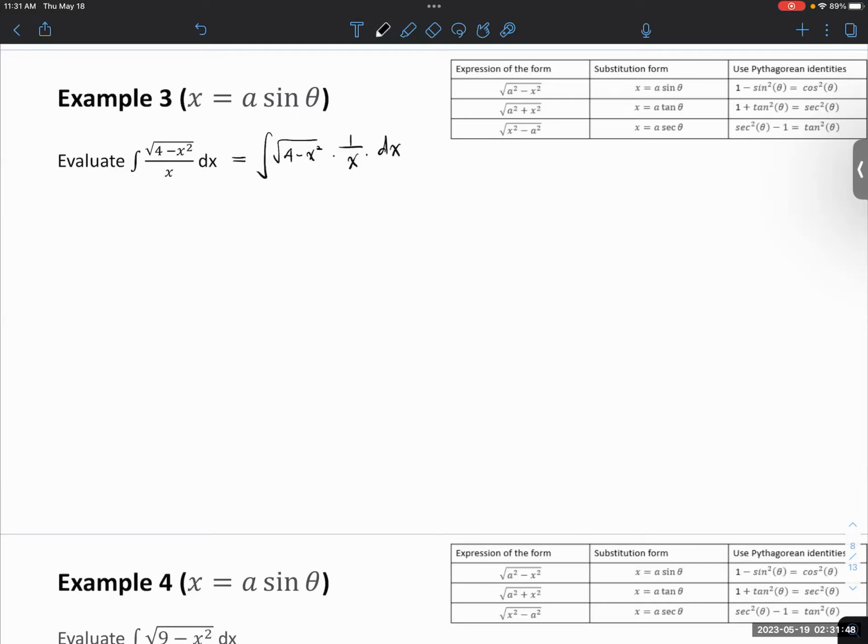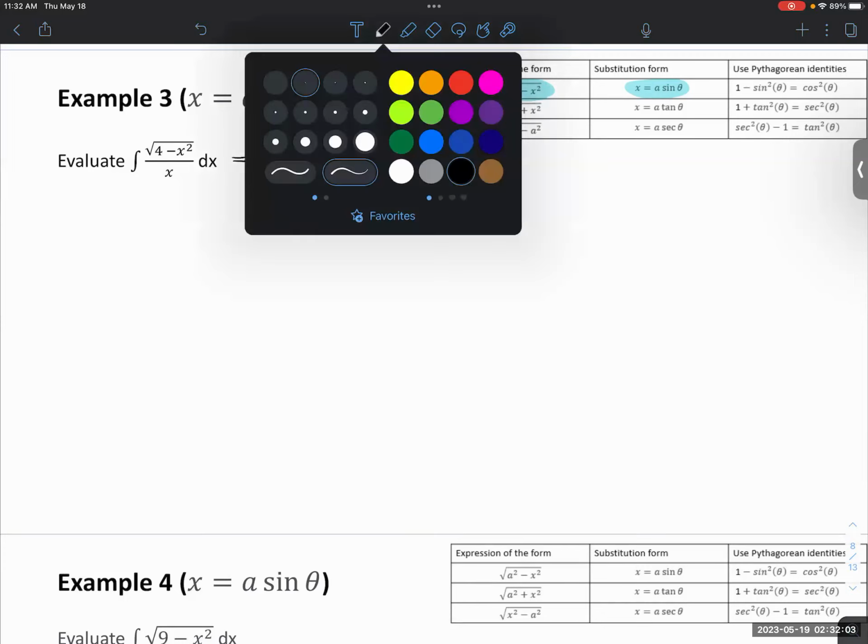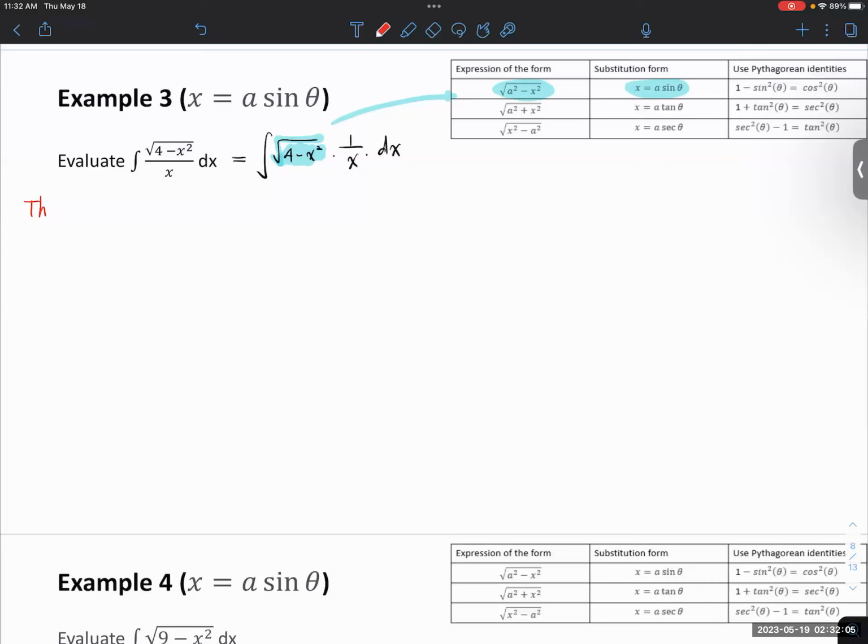As you see, the radical of 4 minus x squared corresponds to the first case, so I'm going to use the sine theta substitution. So let's see what is going on. This involves the a squared minus x squared form, which corresponds to 4 minus x squared. So we can say a is going to be 2, right?